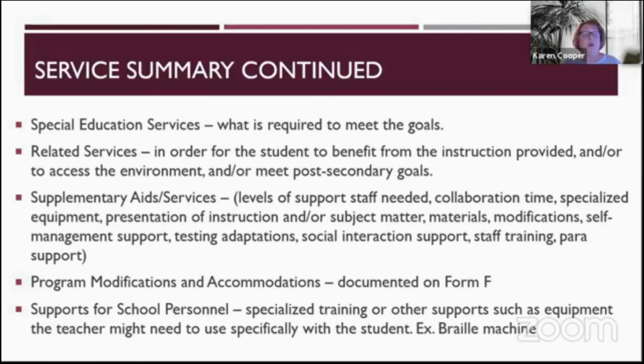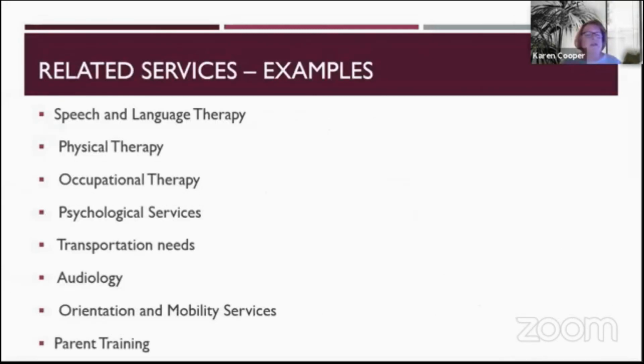We also determine any program modifications and accommodations, and I'll talk about that in a minute, and supports for school personnel. So supports for school personnel can include training. So training on how to take data, training on how to implement a positive behavior support, training on CPR, if that's a requirement, etc. So any type of training for the school personnel.